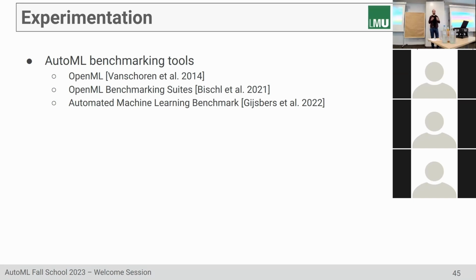This is a whole software tool that facilitates running AutoML tools on the data sets from OpenML in a fair manner, so that you can fairly compare AutoML systems to each other, figure out which one is the best, and if you develop your own, see how you compare to the others, so that you can improve your AutoML system.